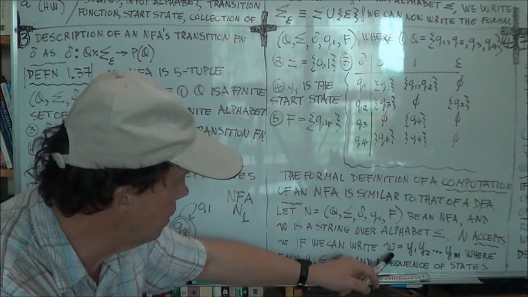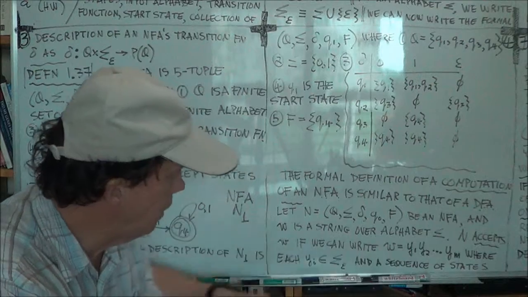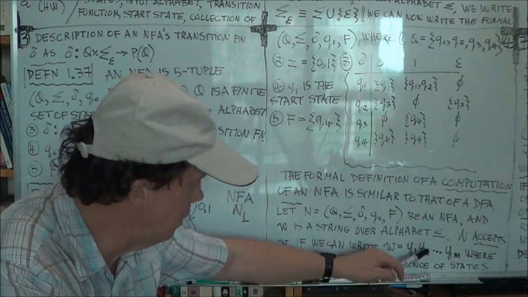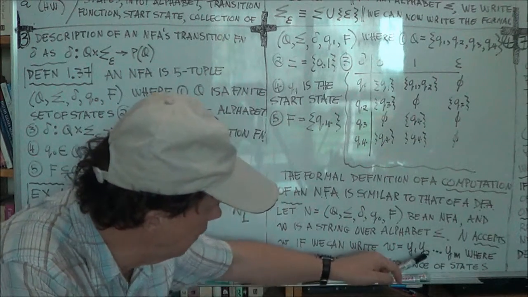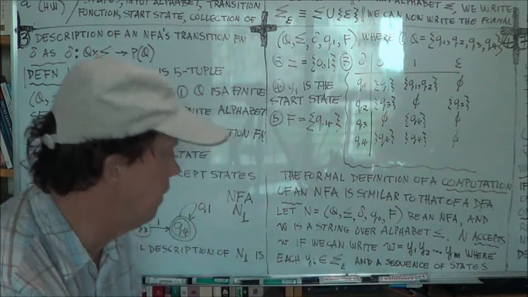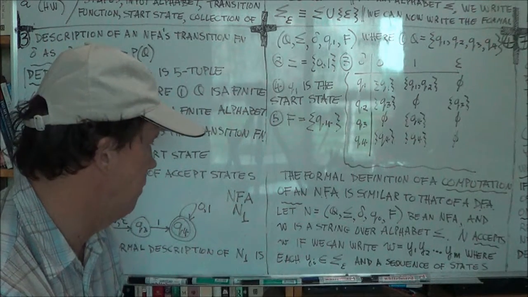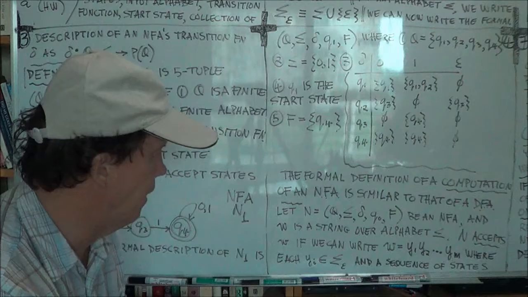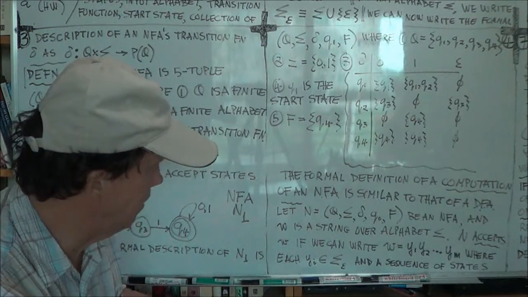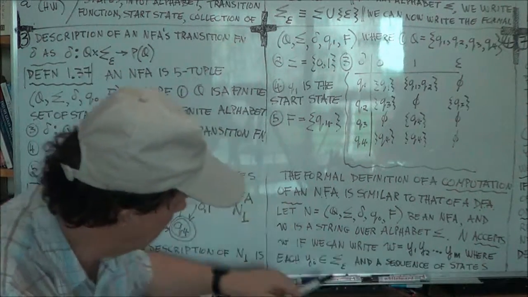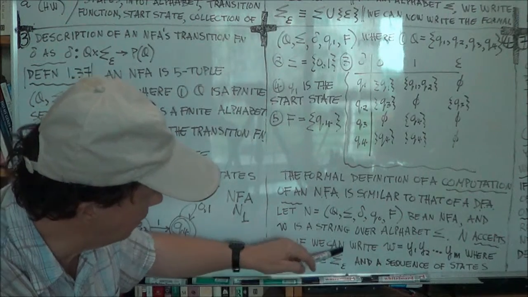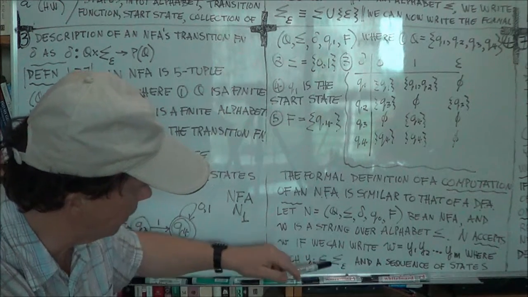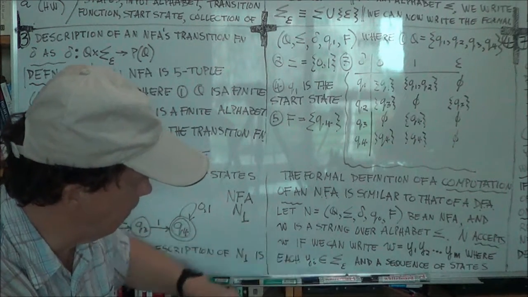If you can write your W as a sequence of these, what do we call them? Can't really call them symbols, because these Y's here, they belong to the augmented sigma, so sigma eta.